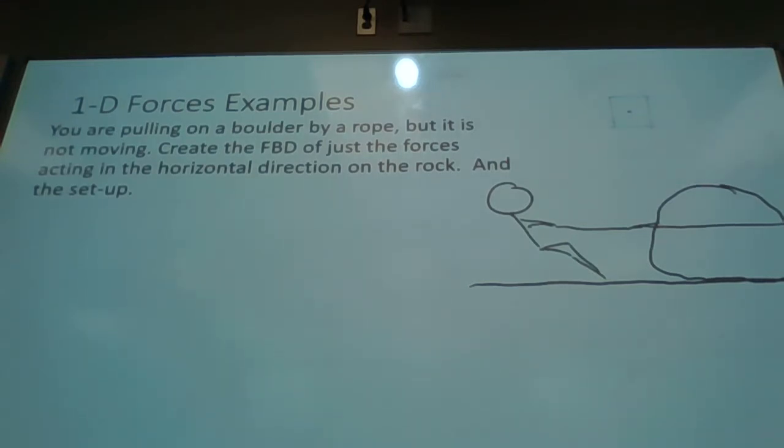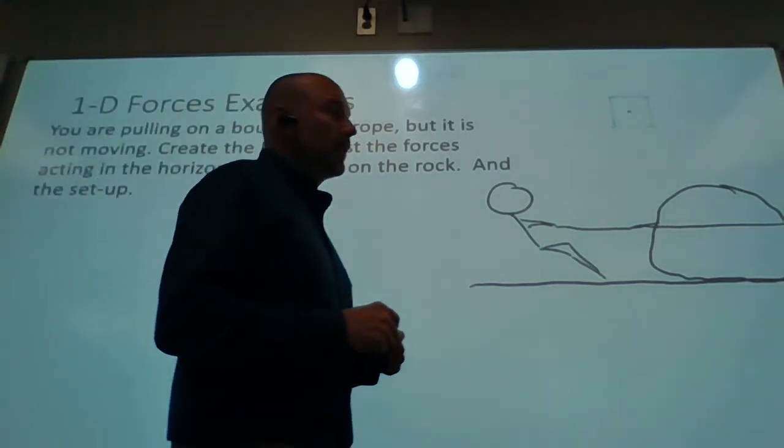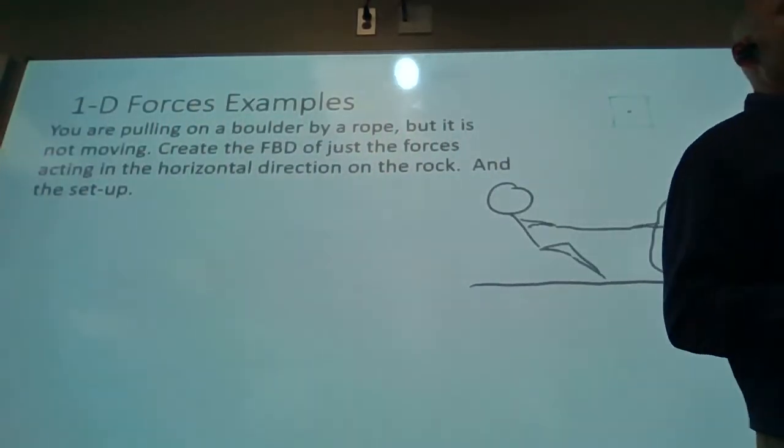Okay, so I'm not worried about gravity. Yes, it exists. Absolutely. Not trying to say it doesn't, but we don't care about it at the moment. Okay. So, what forces are acting on the boulder? What do you think, Ben?